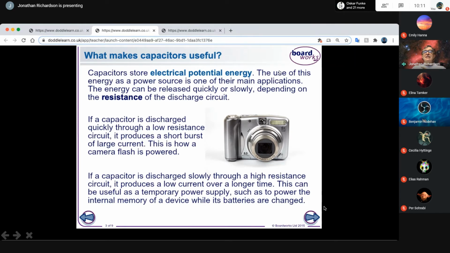So built into the decoder is a capacitor, and it's called a stay alive capacitor. That capacitor provides power whenever the wheels, for example, lose contact with the track.